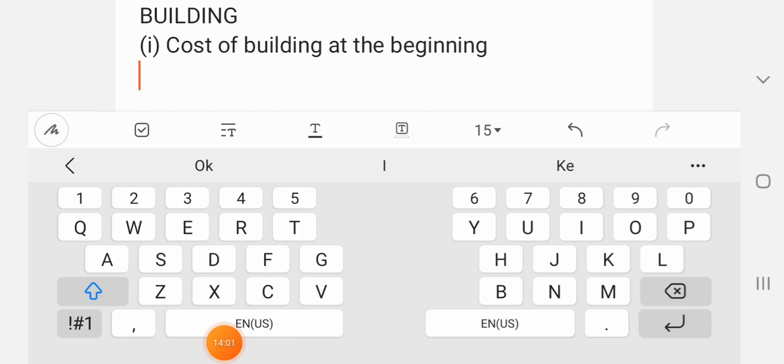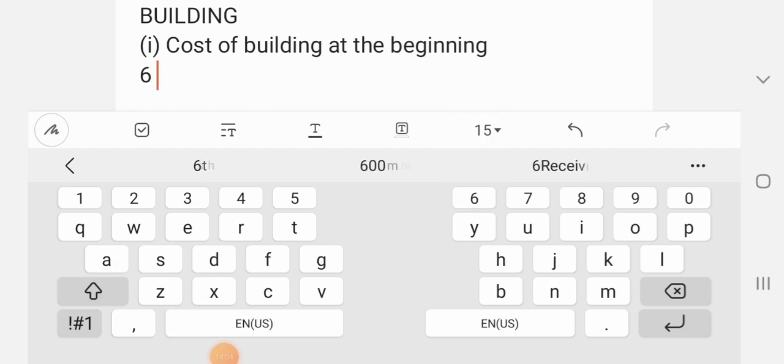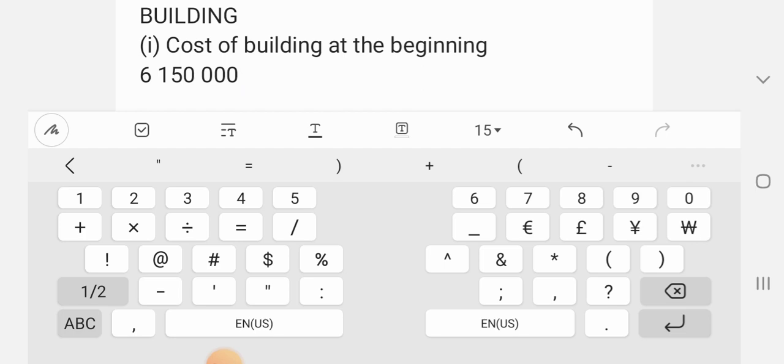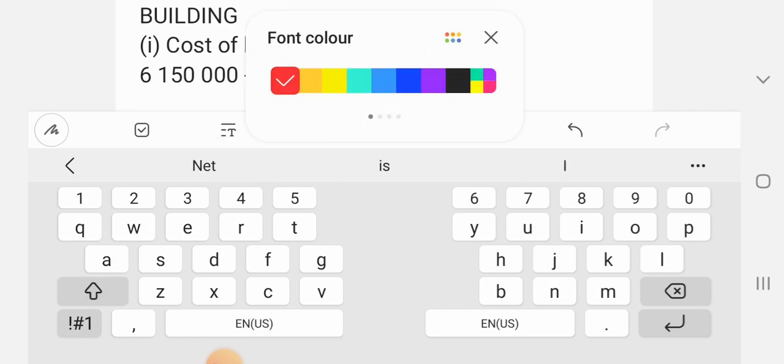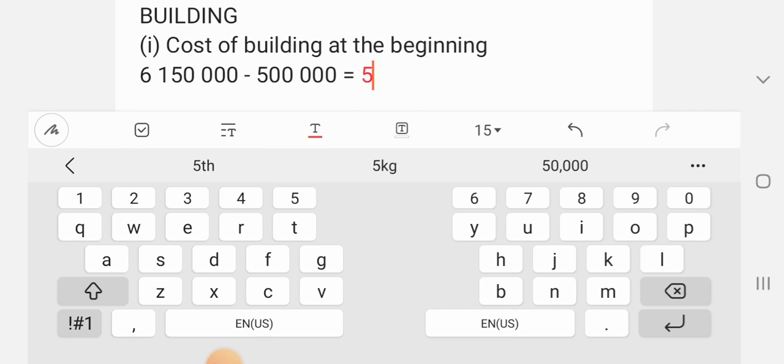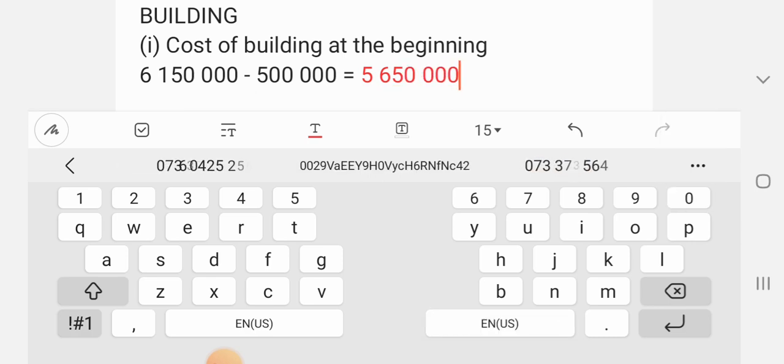So for the first one, we are going to take 6,150,000 rand, and then we are going to subtract 500,000, and that will give us 5 million 650,000 rand. So that is the amount.